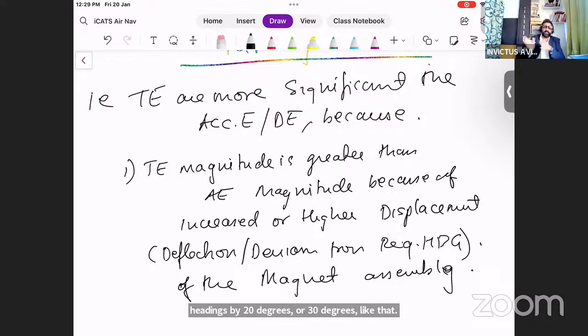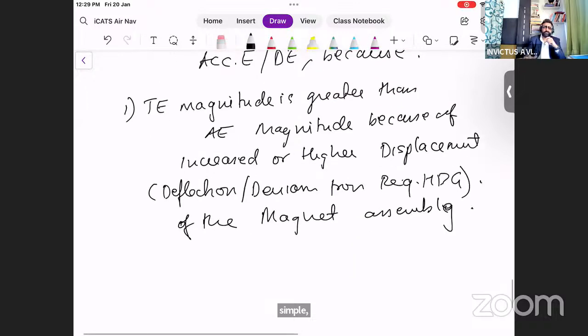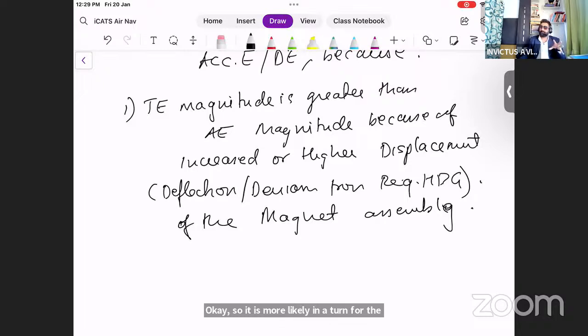More deflection of the magnet from the magnetic north. Simple. Because the north-seeking pole will not be pointing to magnetic north. It's like that. Okay. So it is more likely in a turn for the displacement to be higher compared to the displacement in an acceleration or deceleration. The displacement is the error. Okay.